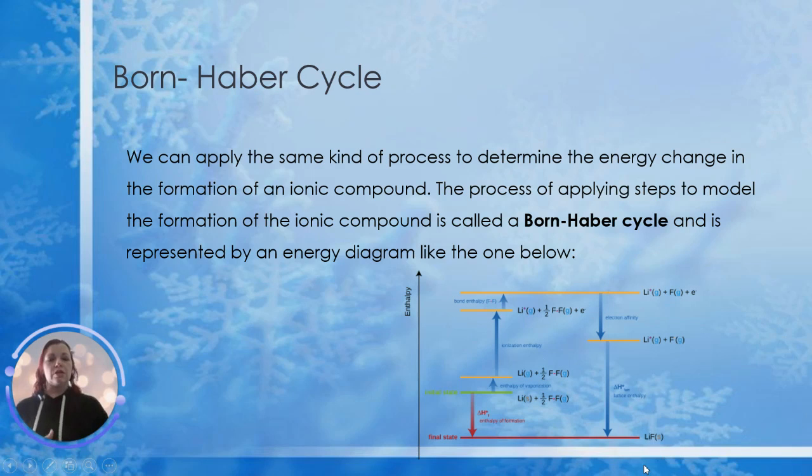So we're normally used to seeing it just as one element plus the second element gives the solid overall, but actually it's a little bit more complex here. And so when we examine the process by which the actual subatomic particles are rearranging, that overall process is called the Born-Haber cycle.